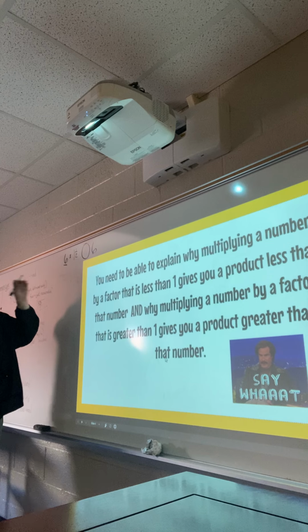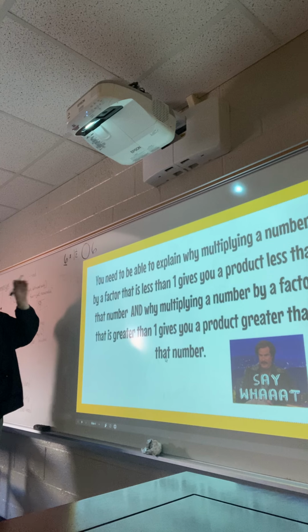All right? So anytime you multiply an original factor, so this is going to be your original factor, you have that factor and you multiply it by anything less than 1, it gives you a product less than that original factor. What happens, do you think, if you multiply it by a number bigger than 1? So let's say 1 1/2. Is that bigger than 1? Yes. 1 1/2? Okay. So what do you think is going to be true about this one? Emma? It's going to go up.